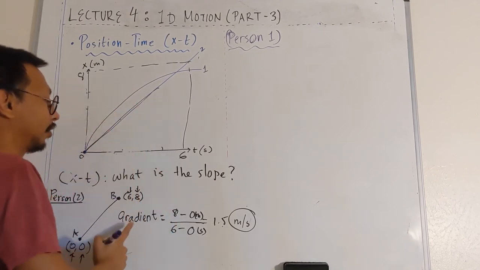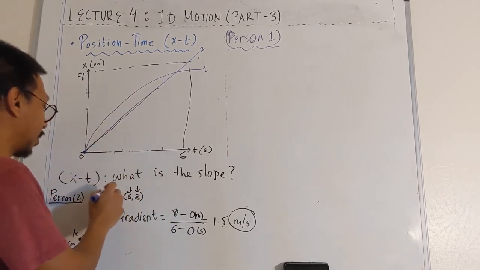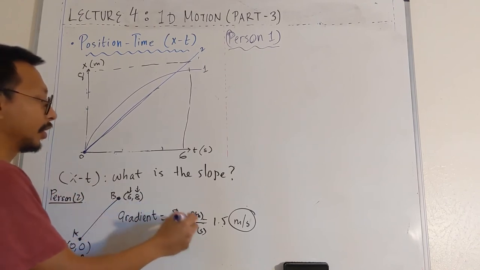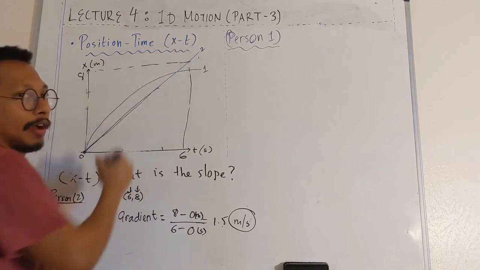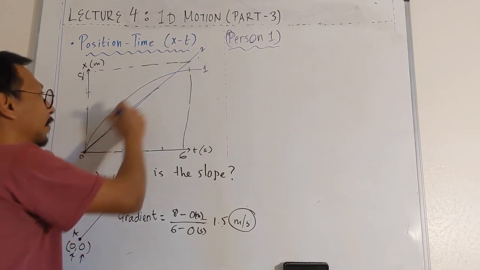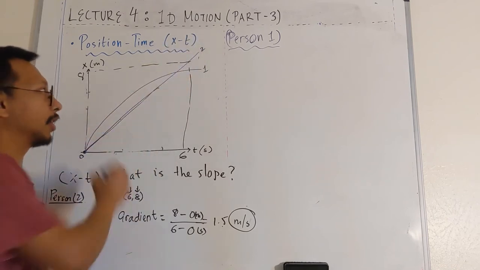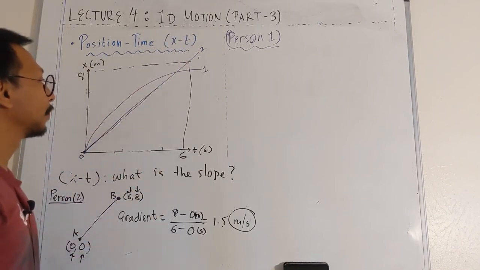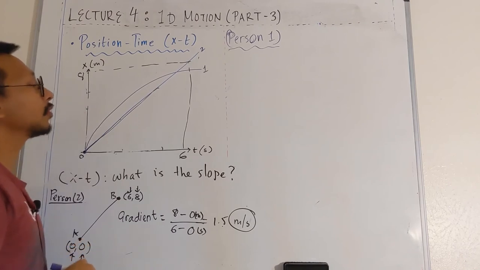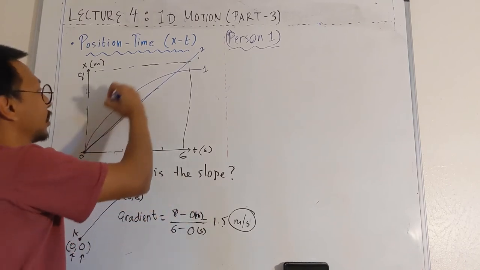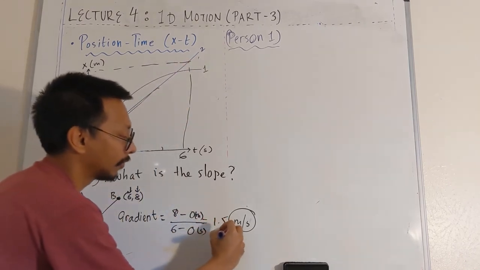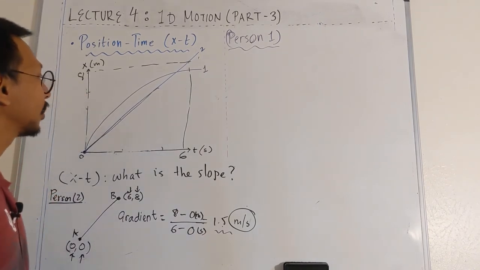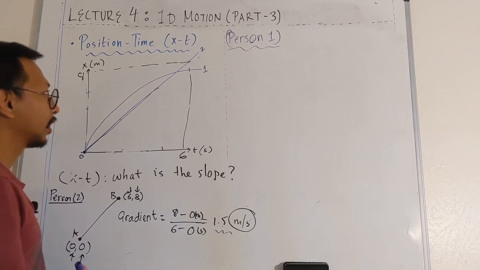We have just found the velocity for person 2, which was constant throughout, because velocity is the slope of the graph, and the graph for person 2 is a straight line which has constant slope, and hence we can say it has constant velocity. So we want to say where on this curve for person 1 was the velocity at 1.5 meters per second or near about, because this is not to scale.